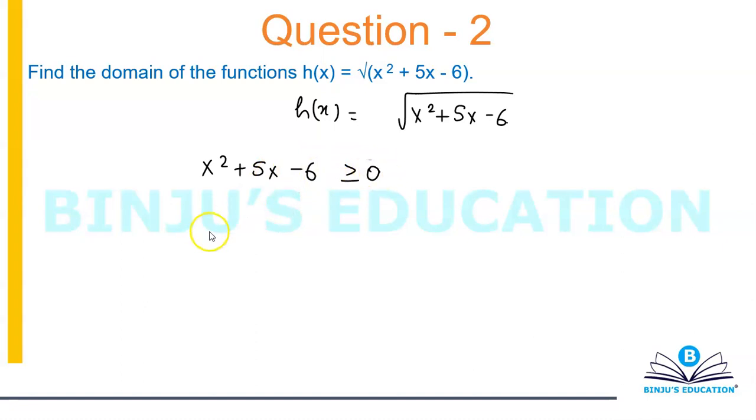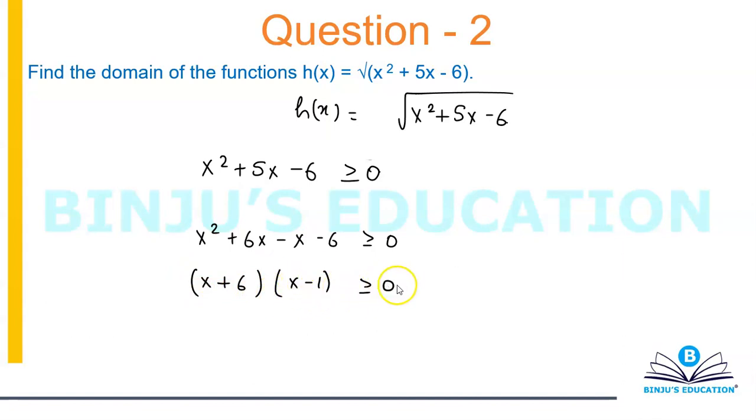Let's do the middle term splitting. This will become x square plus 6x minus x minus 6 is greater than or equal to 0, or this will become x plus 6 into x minus 1 is greater than or equal to 0.